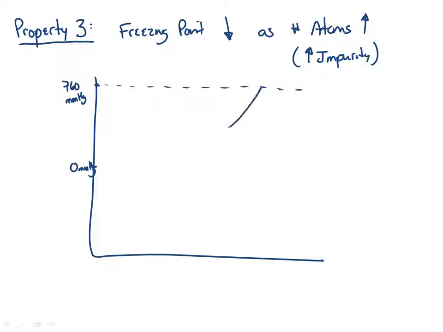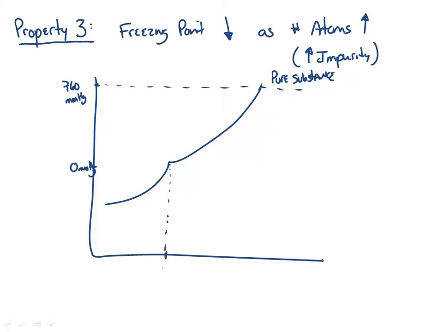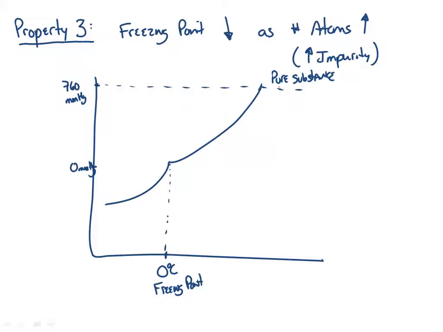We can draw a diagram that looks something like this. Here is my pure substance. When the vapor pressure is 0, this is my freezing point. For water, this would be 0 degrees Celsius. And if I take my impure substance, and we'll do that in red again, remember that decreases things. And so it's going to look like this. And then it's going to match up with that line. And so notice here now my freezing point is lower.